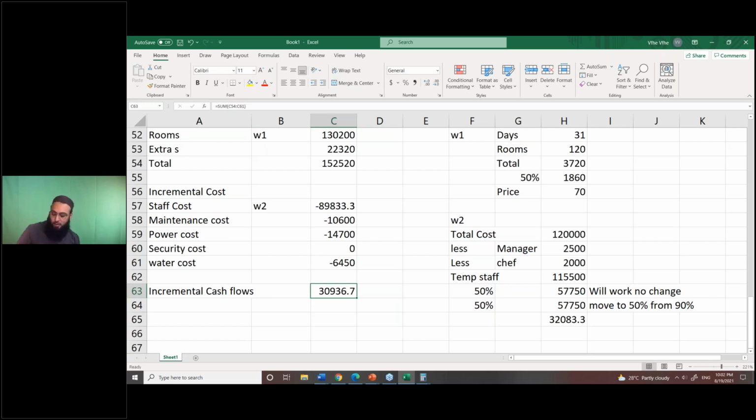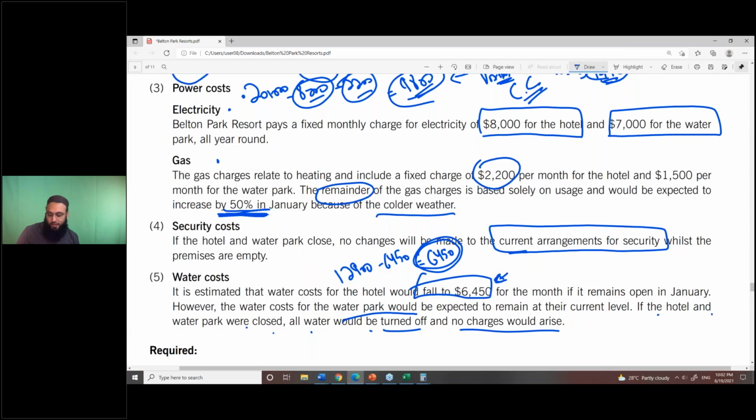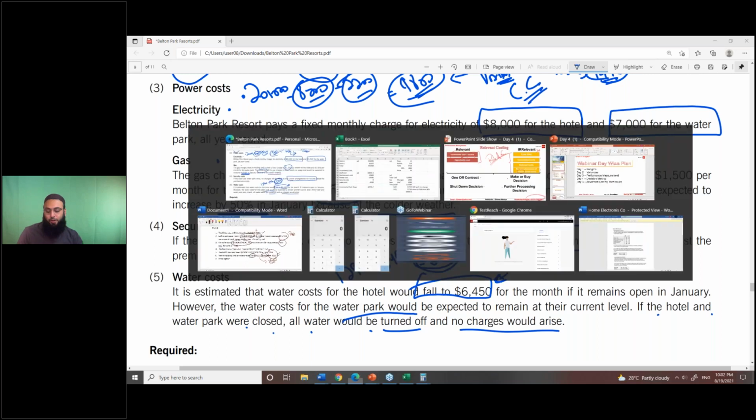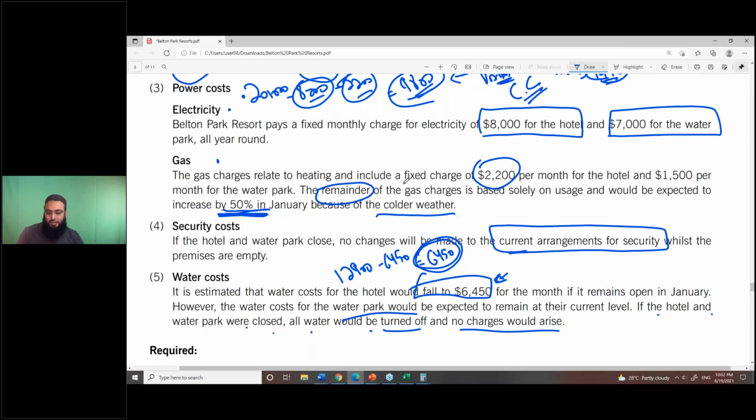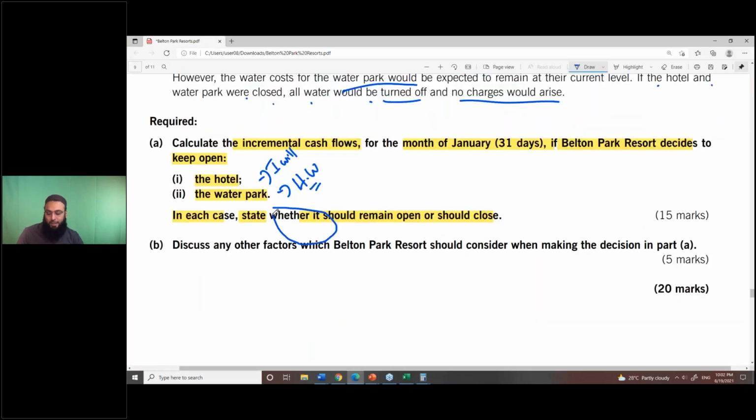It's a positive number, and considering it is positive, you can keep this open for sure. If you don't close it, that's fine, because your cost is less compared to the revenue or income that you are getting in this case. So you have to state that we will continue, because in terms of financial numbers, the results are positive.